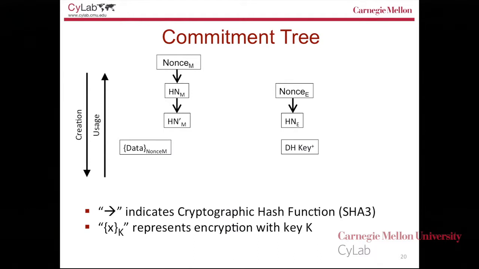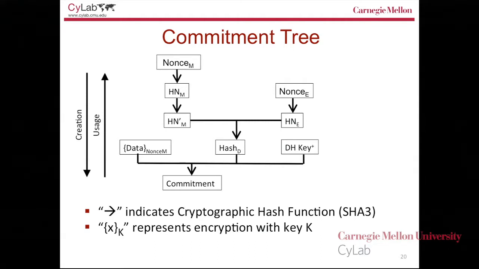And we give one extra hash to the correct answer because we want to make sure that we don't reveal it too soon. I perform a few more hashes to take all this data into one master commitment. A commitment is the first piece of information that any users will exchange with each other, and once they have that, they can begin to disclose the next level of information in the tree.